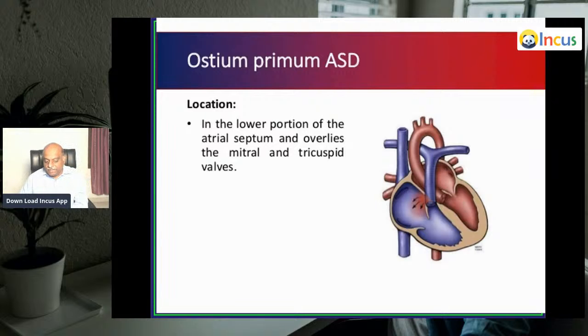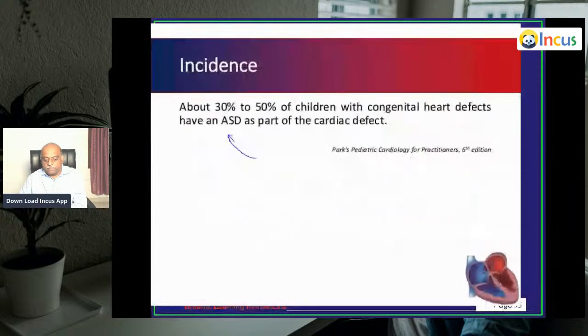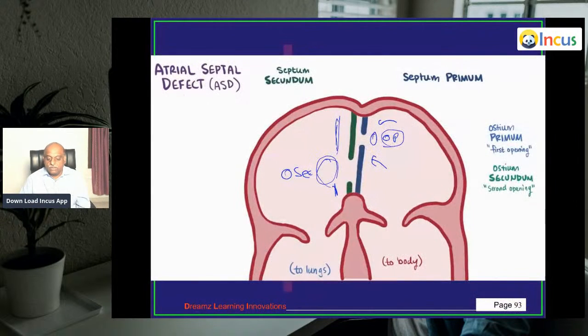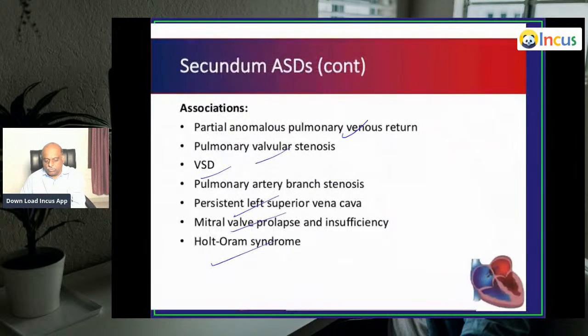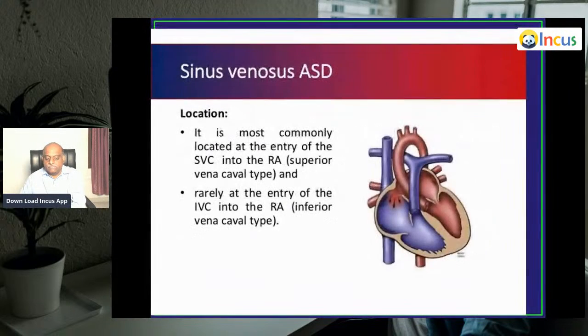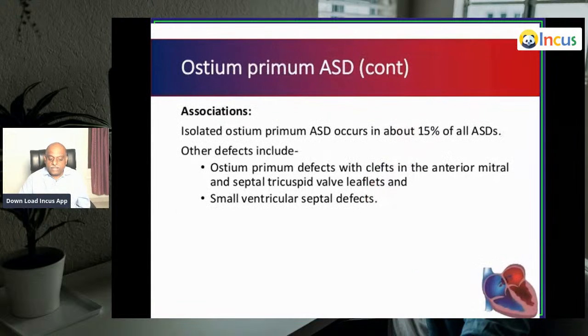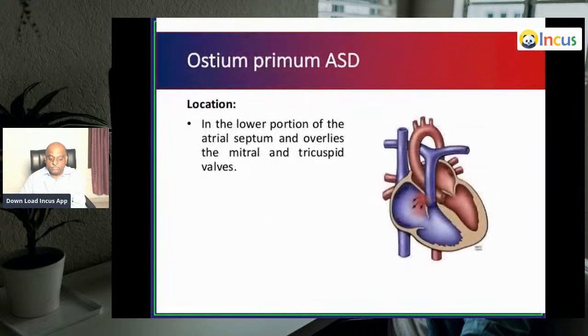Ostium primum is typically in the lower portion of the atrial septum and overlies the mitral and tricuspid valves.